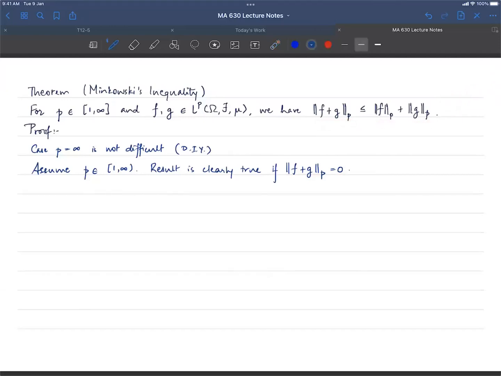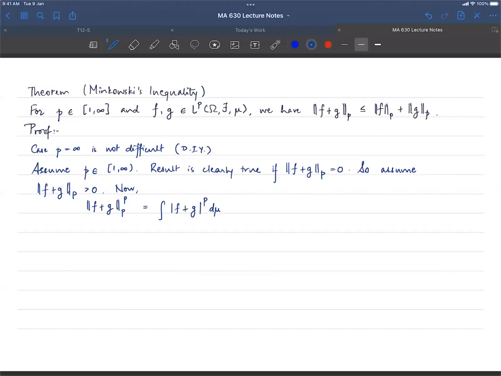So what we'll do is, we'll assume that this symbol is greater than 0. All right. Okay, so now what I'm going to do is the following. Now let me look at the norm of f plus g in L^p, to the p. Okay, so this is the L^p norm to the pth power. So this is just going to be the integral of the absolute value of f plus g to the p dμ.